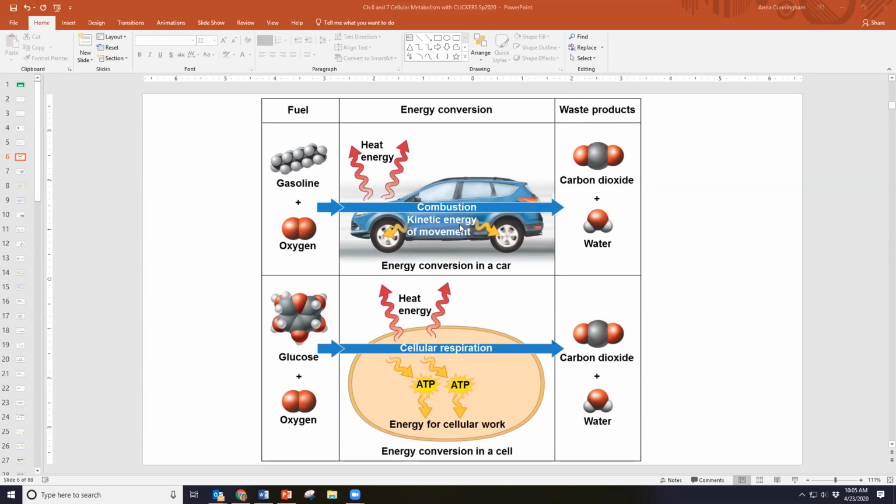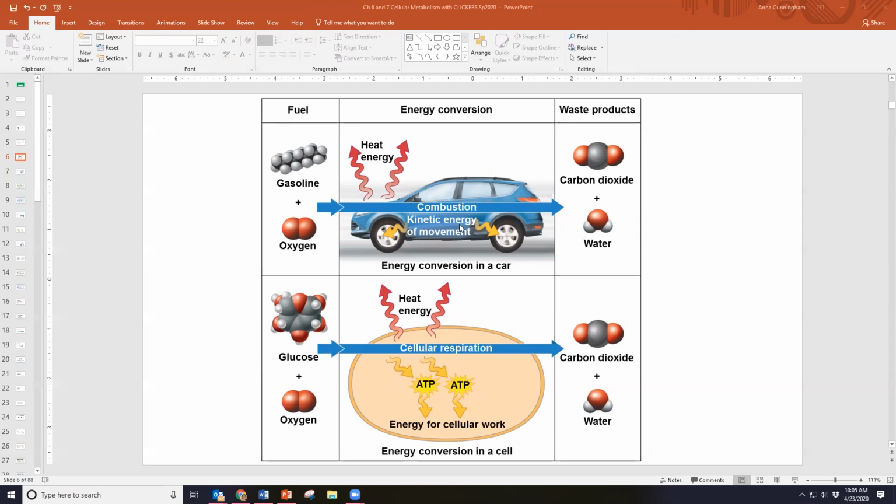Some of that energy becomes usable energy moving the car, but some is released as kinetic energy in the form of heat. Some byproducts of that reaction are carbon dioxide and water, which is why sometimes when you stop the car, you'll see some water dripping out of the exhaust pipe.